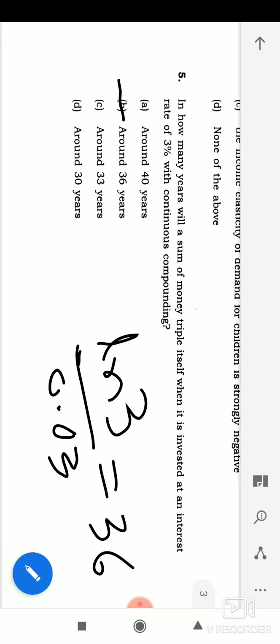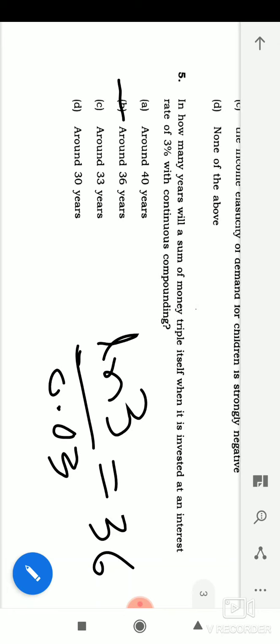So ln3 divided by 0.03 gives approximately 36, which is given in option B. So in 36 years a sum of money will become triple with a 3% rate of interest.